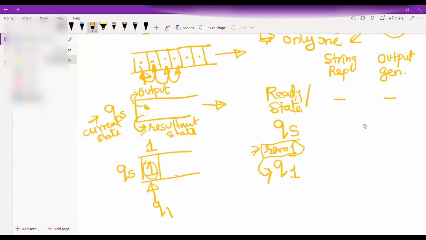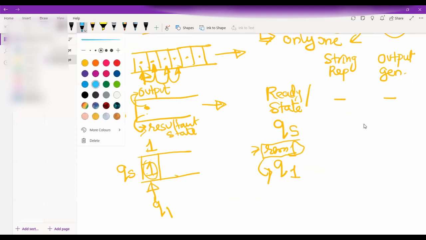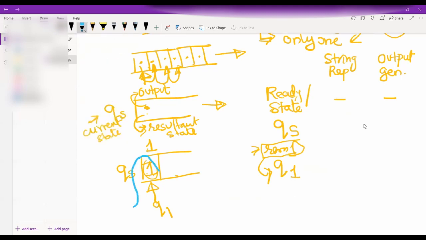So what is Q1? Which string is represented by Q1? The string which is represented by Q1 is 1. Okay. And what kind of output is generated? Here the output generated is 1. Okay.